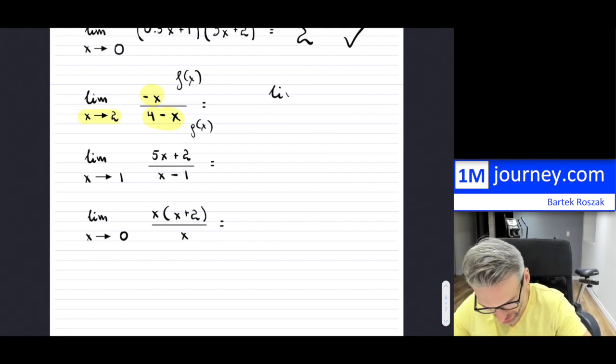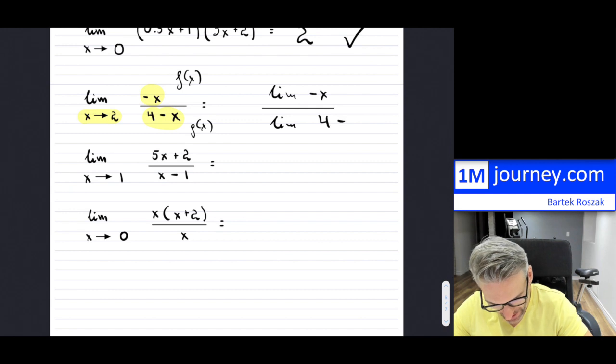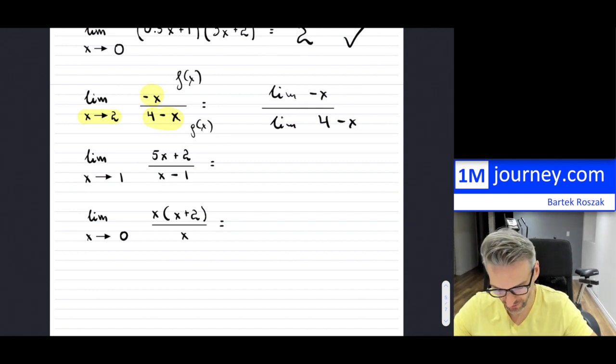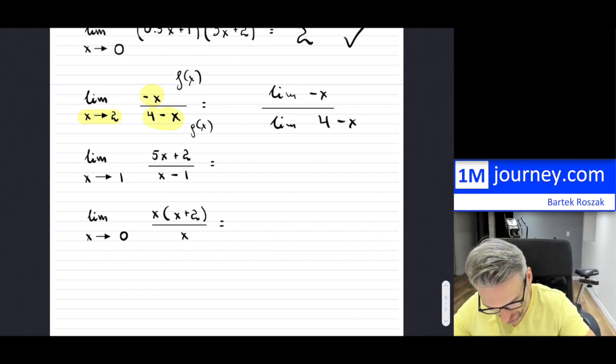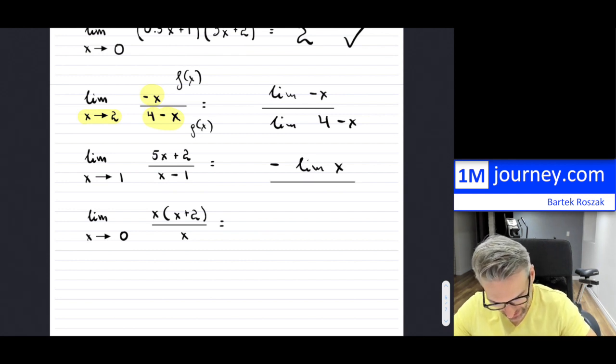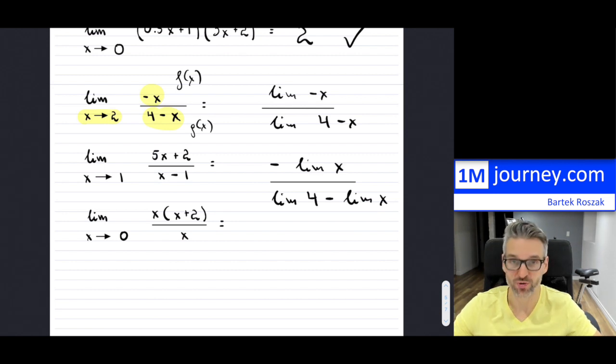So this is just simply like saying the limit of negative x all over the limit of 4 minus x. That would have been the first step. The second step is that the negative can be taken out, so limit of x. And then in the denominator, I would have to go limit of 4 minus limit of x, so I'm just distributing across there.